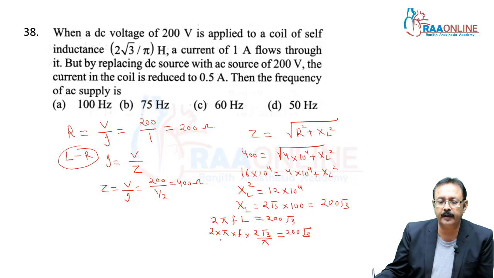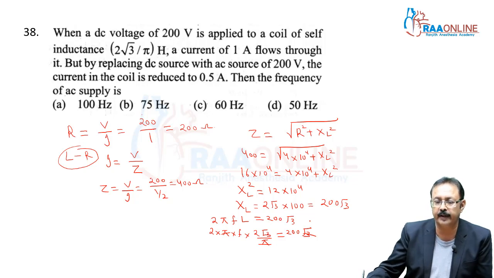Cancel pi with pi, root 3 with root 3. F means 200 by 4. So we got the value of F as 50 hertz. So we are going with option D.